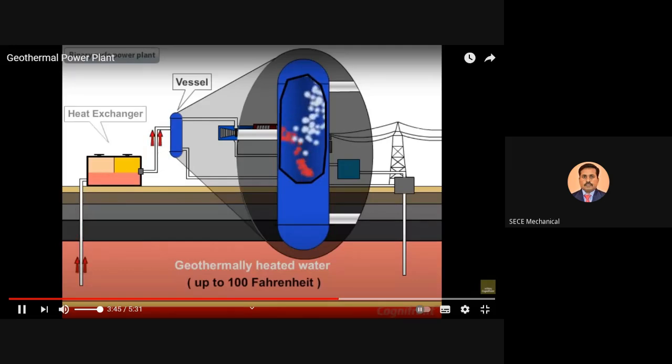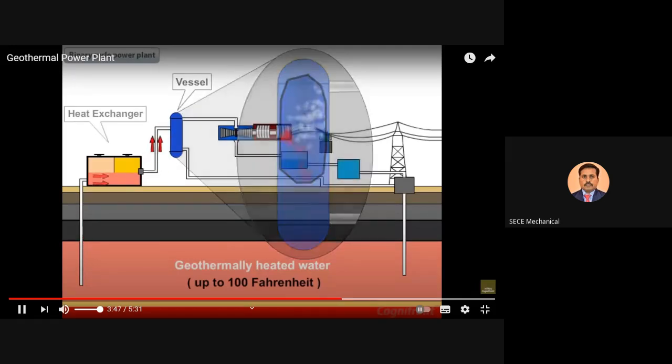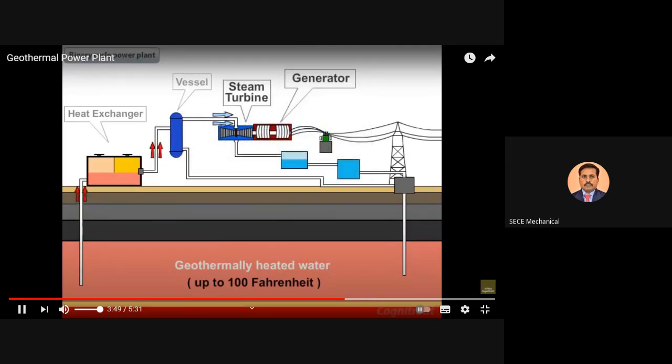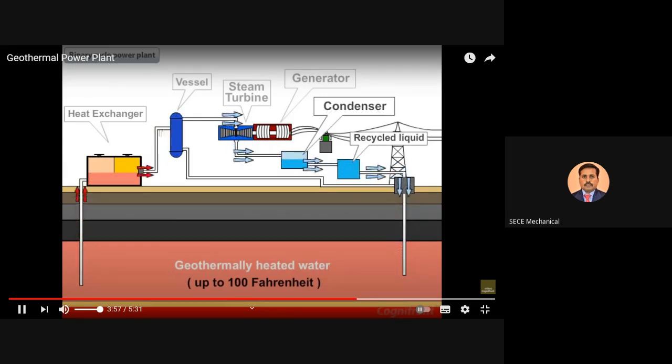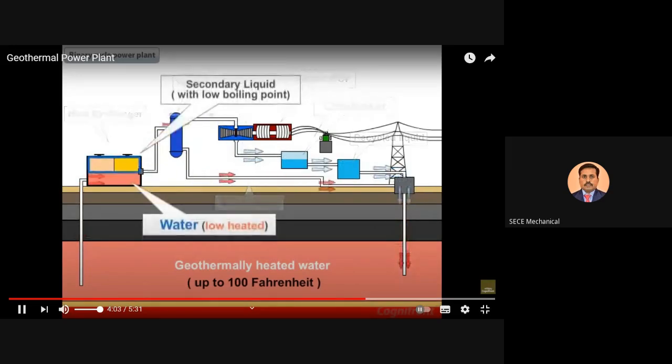A mixture vapor is generated and it runs the turbine. The vapor is cooled by the condenser and the liquid is recycled. Wastewater is injected back into the earth. As this power plant requires two liquids, water and secondary liquid, it is called a binary cycle power plant.